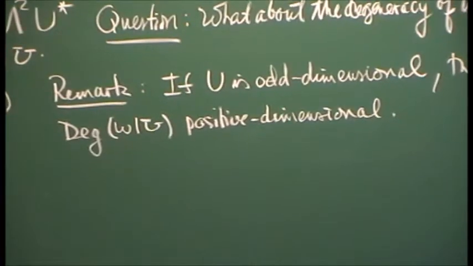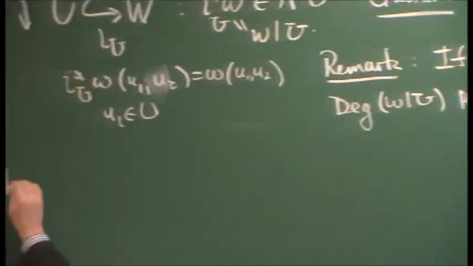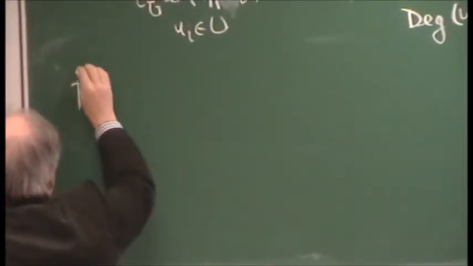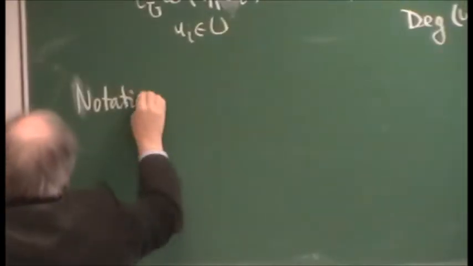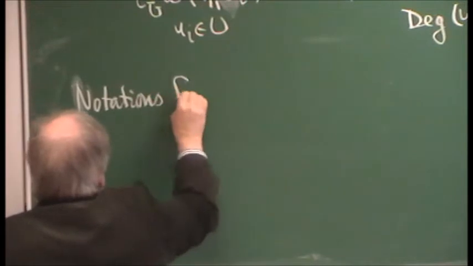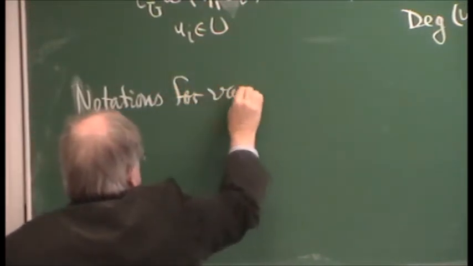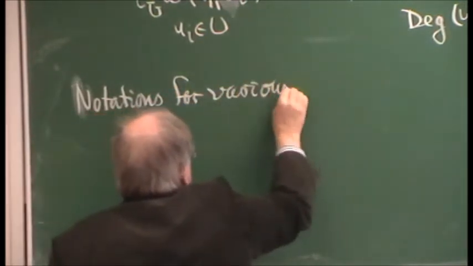So there are a number of words that we associate, various descriptions and notations, for various types of degeneracy.